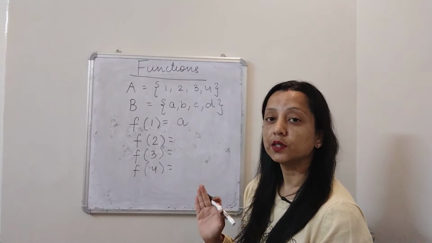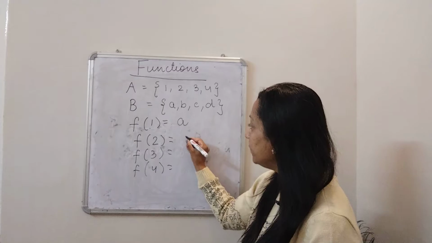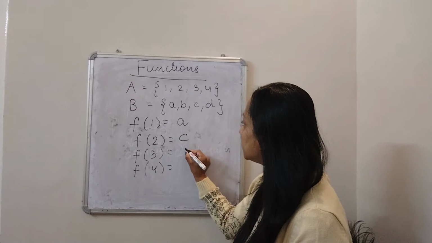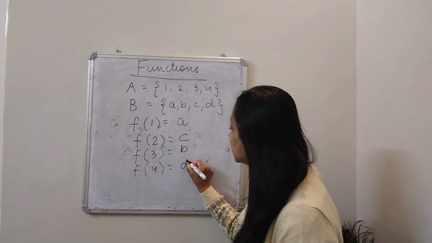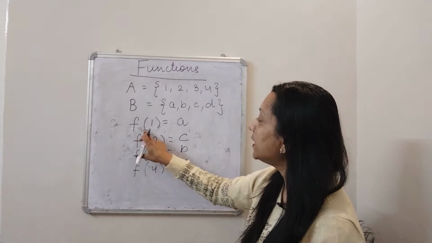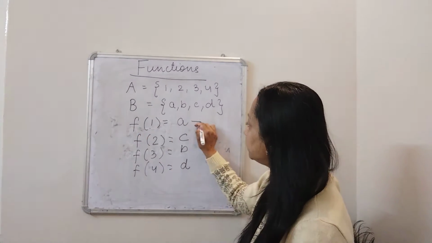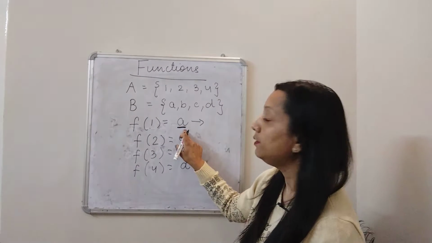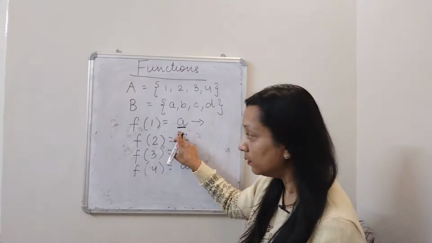Okay, so this is the concept of functions. Let us assume f of 1 has been assigned A, f of 2 has been assigned C, f of 3 has been assigned B, and f of 4 has been assigned D. Now this is read as image of f at 1. The value which you are assigning from set B is known as the image.